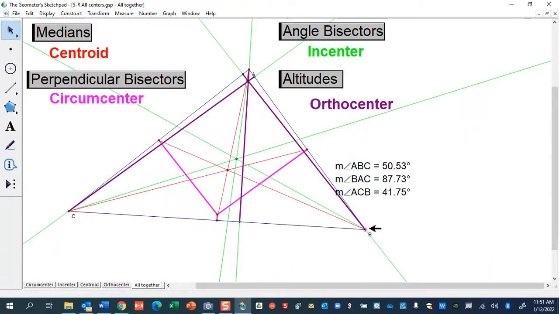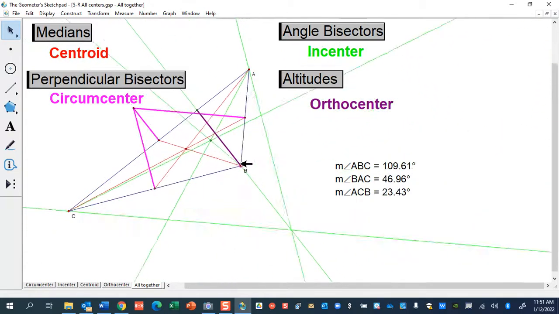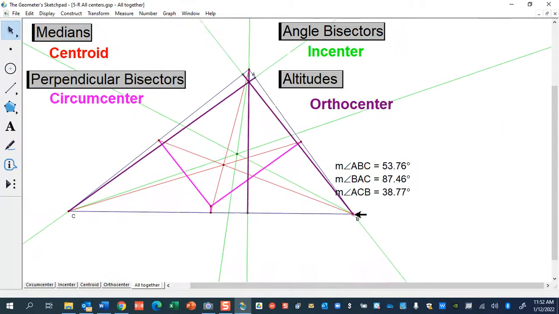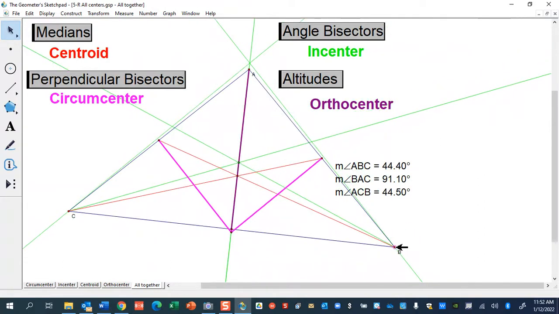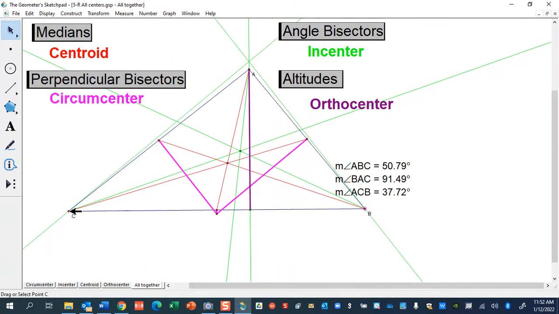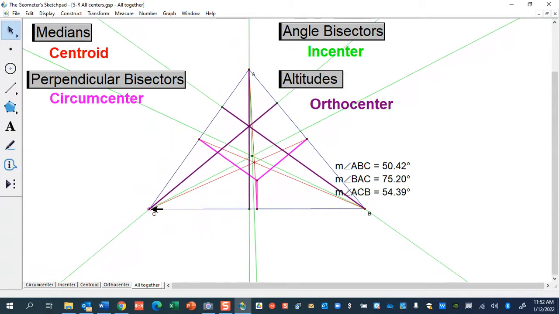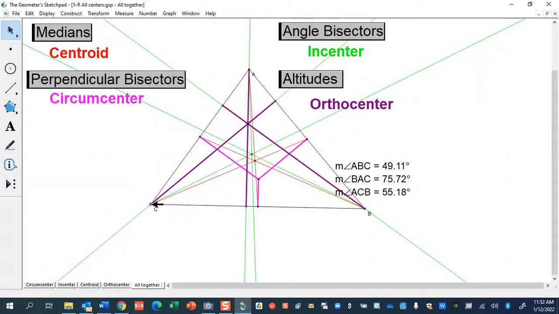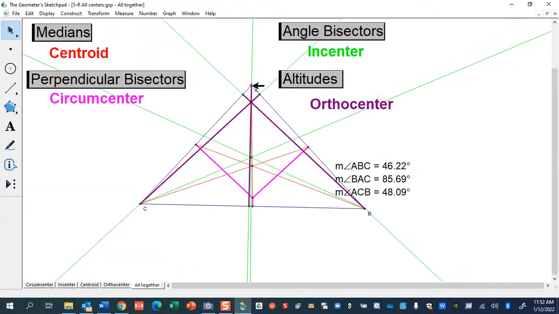What's your question on your worksheet about? An equilateral triangle. Let's see if I can figure out how to get it equilateral. So isosceles, they all line up. But I have to try to get it to be 60 degrees. Am I getting closer? So try to figure out how to get this to be 60.